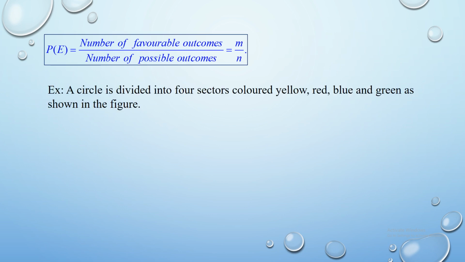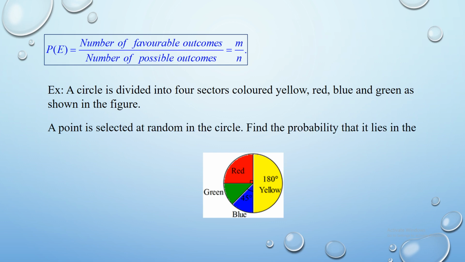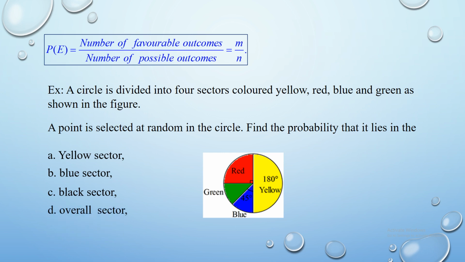Here's an example. A circle is divided into 4 sectors colored yellow, red, blue, and green, as shown in the figure. A point is selected at random in the circle. Find the probability that it lies in the yellow sector, blue sector, black sector, and all sectors.